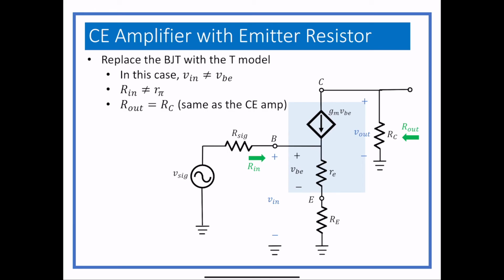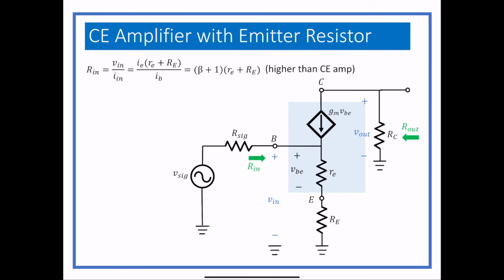It's still RC. So when we take that and we look at the circuit, Rin is defined to be Vπ over Iin. Vπ is IE, the AC version, times little re plus big RE, and that gives us that value there. And then on the bottom, Iin is just equal to IB, the base current.